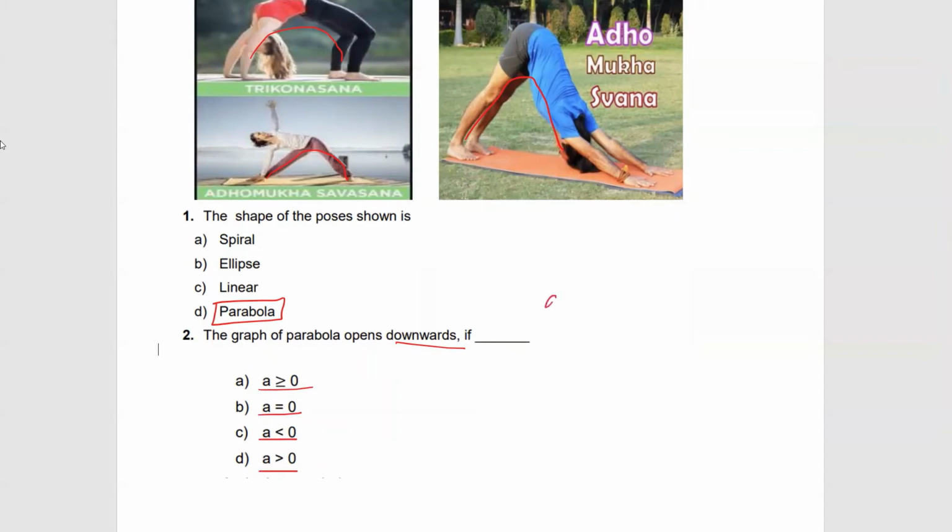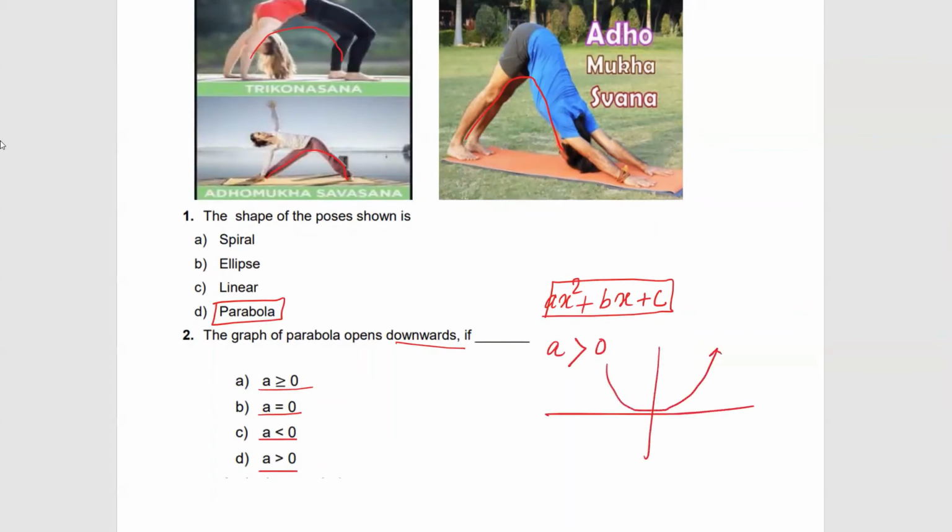Even if a quadratic polynomial is equal to ax square plus bx plus c, if a is greater than 0, then this parabola opens upward.